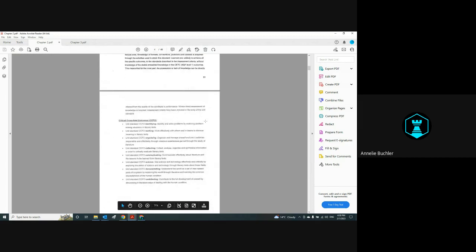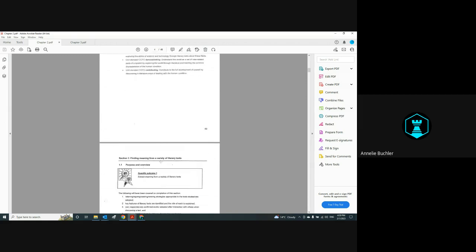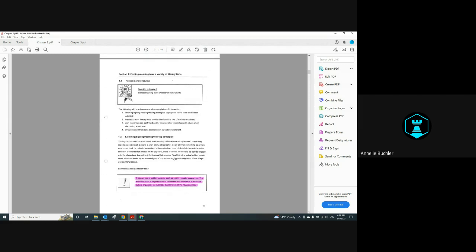You will see there's identify and solve problems, problem solving. You have to work effectively with others, team building, organize and manage yourself, which is so important. It's very critical. Collect, analyze, and organize information. So go through this to see what the outcomes must be.